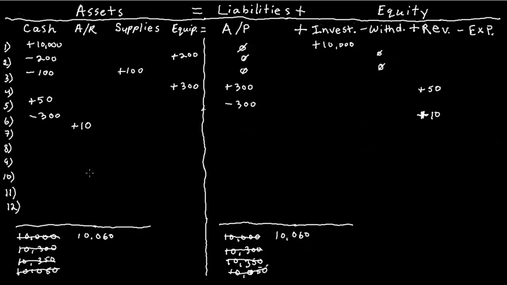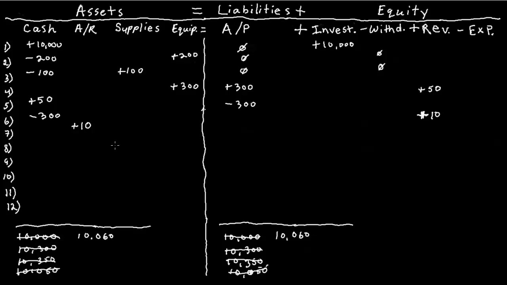cross that out. Now let's see, for number 8, let's say that we purchased supplies for $30 worth of cash and $20 worth of credit. So that's a total of $50 worth of supplies, out of which $30 was paid in cash, and there's $20 that we're going to pay later. It's a credit.